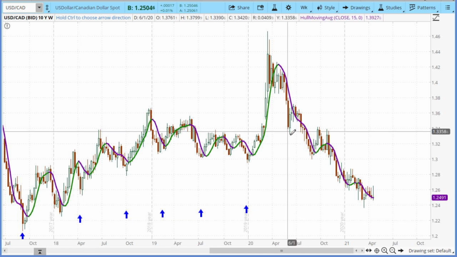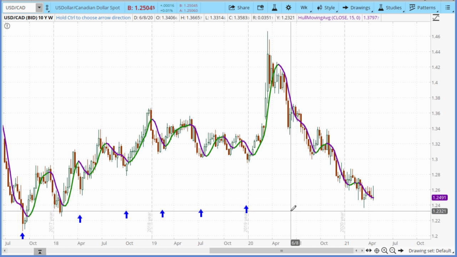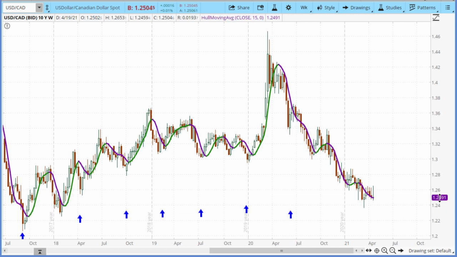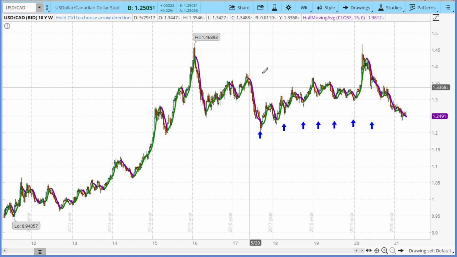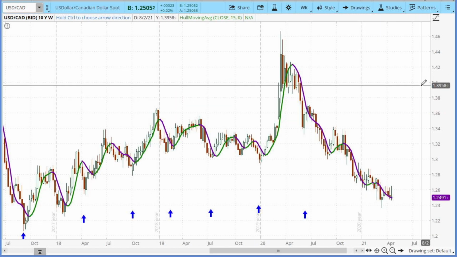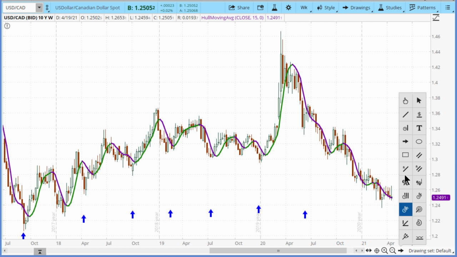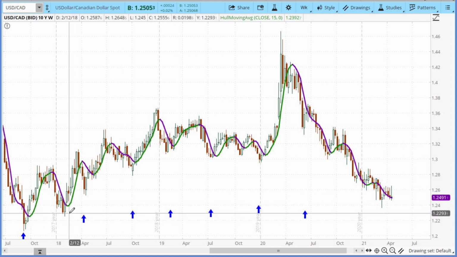Then there's another important low right over here, and now you can see a rhythm setting up. Let me put this back and discuss what an ideal situation would look like.